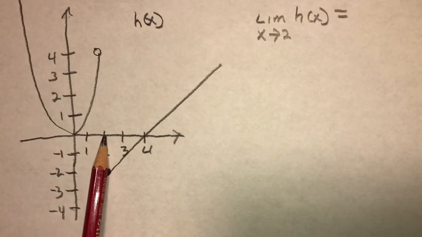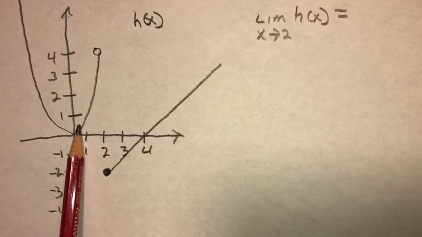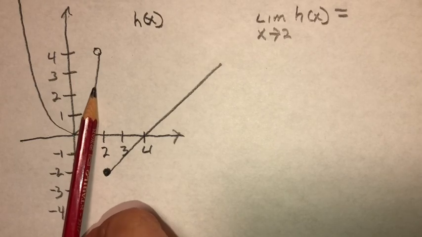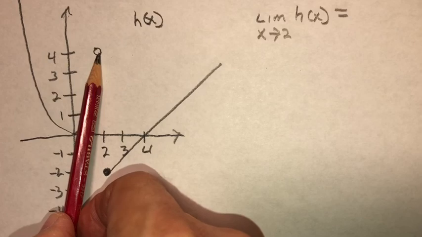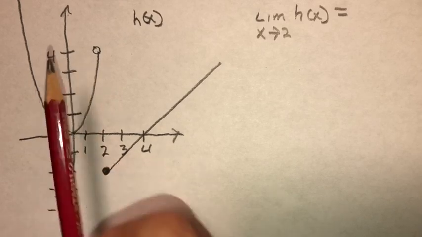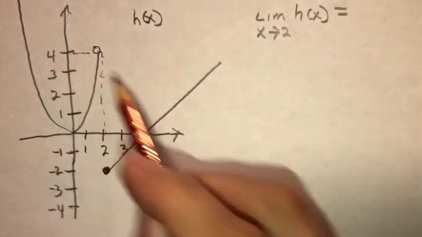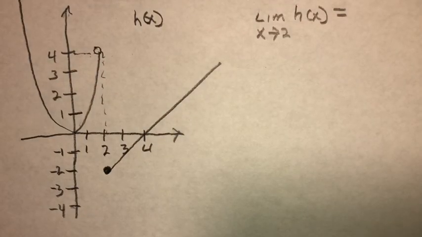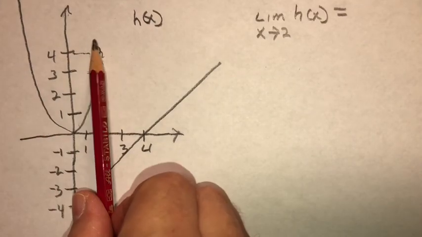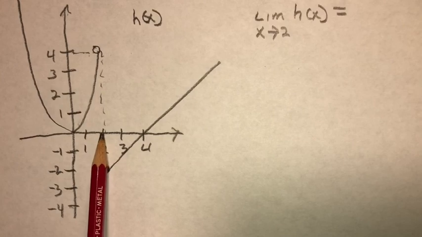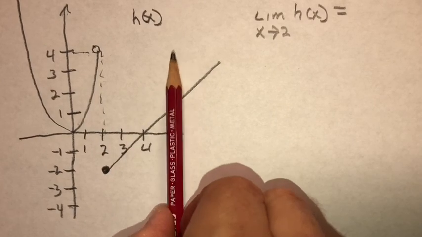So we get on this function, the left-hand side of x equals 2, this piece, and we surf towards x equals 2. And the question is, what y value are we approaching? We're approaching y equals 4. Okay? So then we have to get on the right-hand piece. The right-hand side of x equals 2 puts us on this piece.